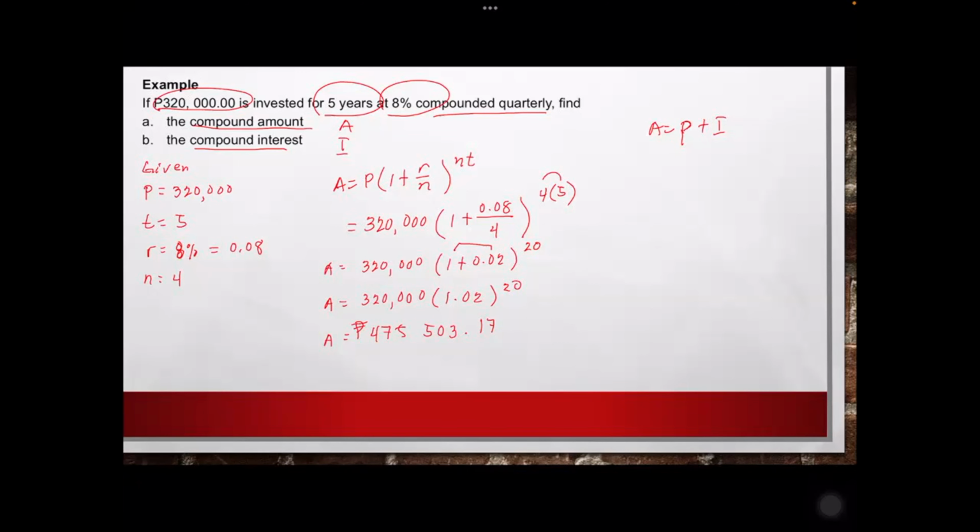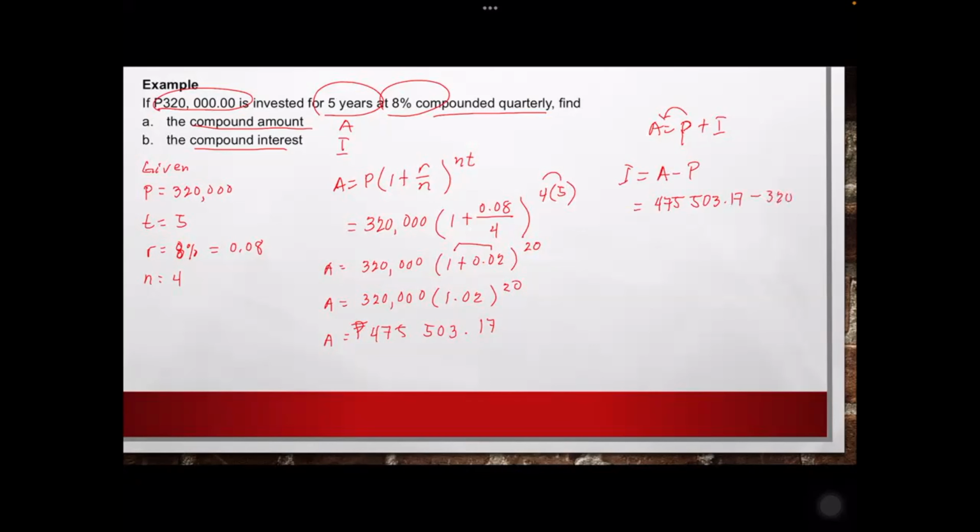Okay, so we have here to find for I. Lipat lang natin ito dito. So, magkakaroon tayo ng I is equal to A minus P. So, here, magkakaroon tayo ng 475,503.17 minus 320,000.